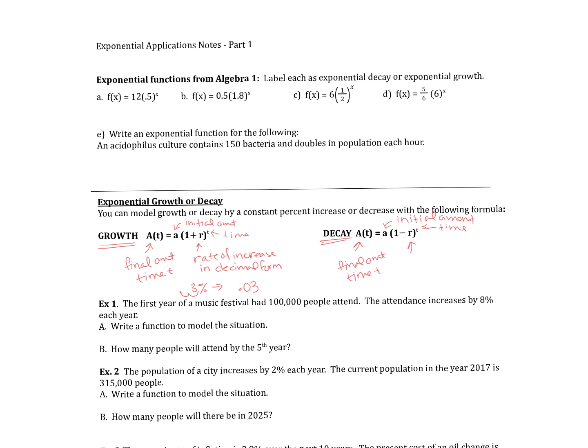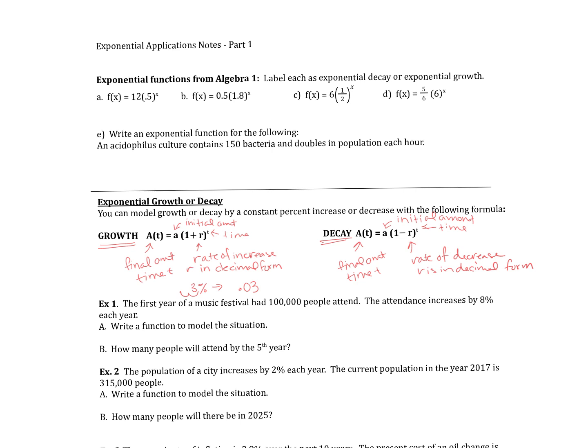This is because I'm decreasing. It'll be a number less than 1. This is my rate of decrease. Keep in mind that my r is in decimal form. I guess I should be more over here on growth. It's r that's in decimal form.